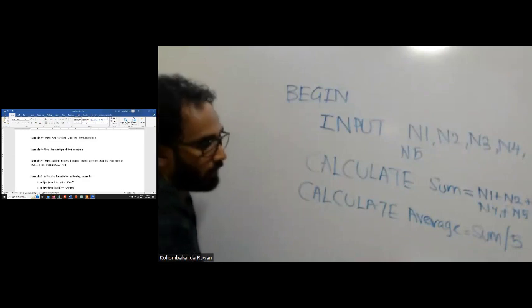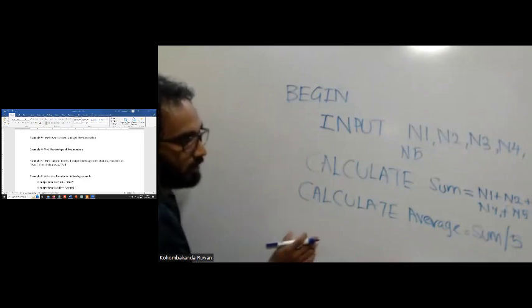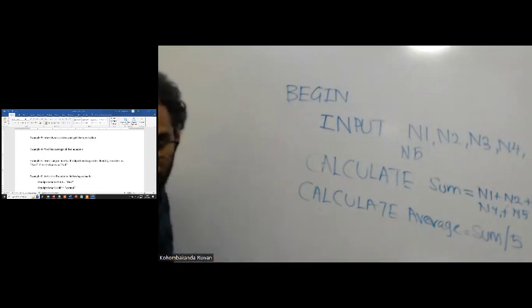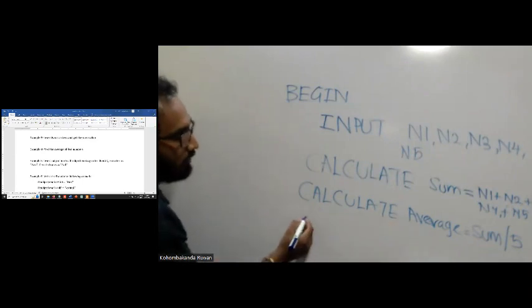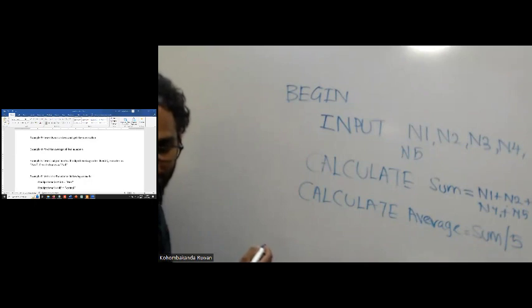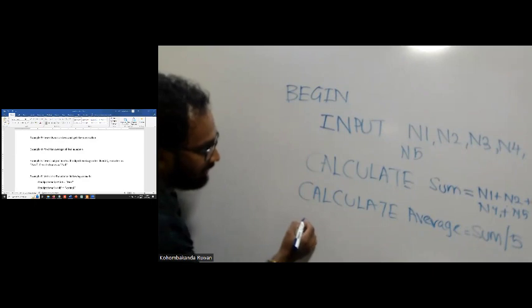Yes, sir, 5 numbers. Then you will get the average. Then what is the output here? Average of 5 numbers.